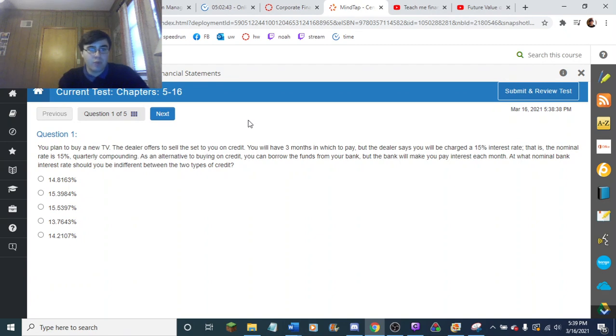So the nominal rate is 15. Enter. The effective rate is what we're trying to find. And the C/Y, which is, I guess, the payments per year, which is 4. Enter.